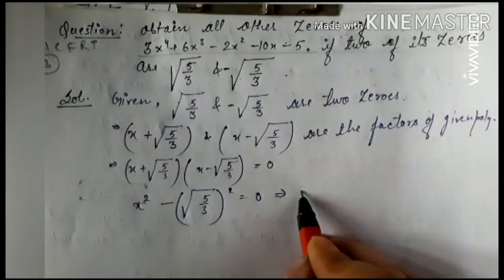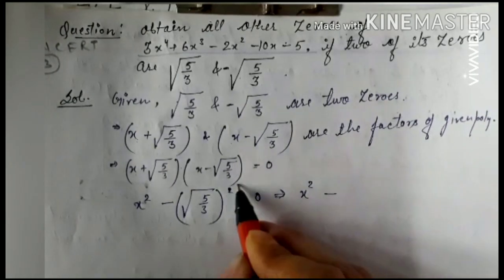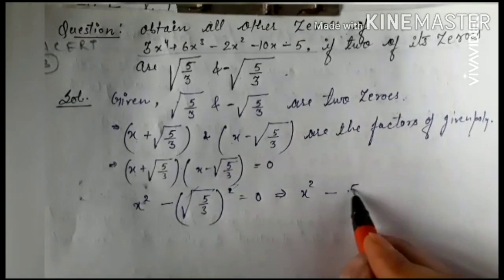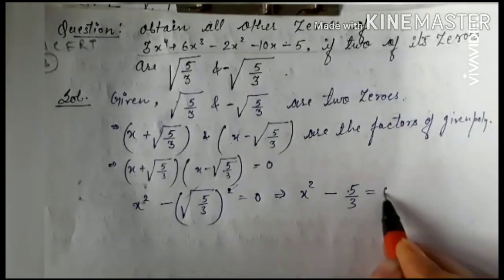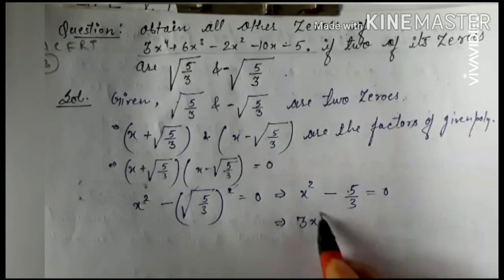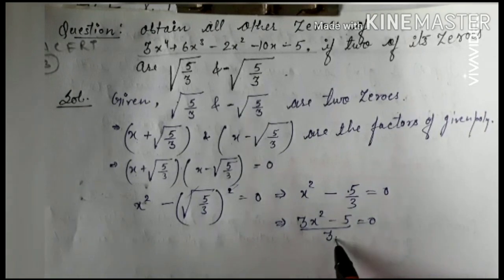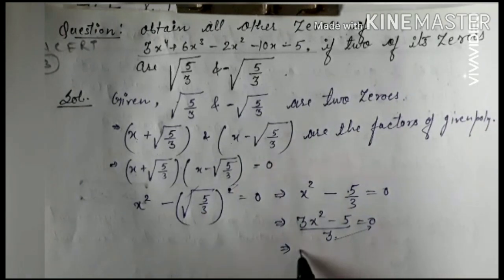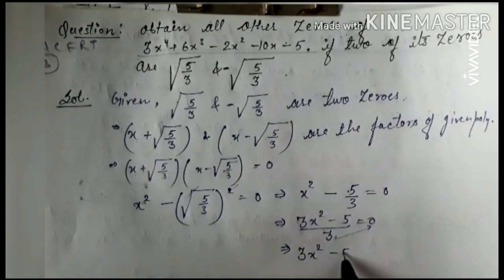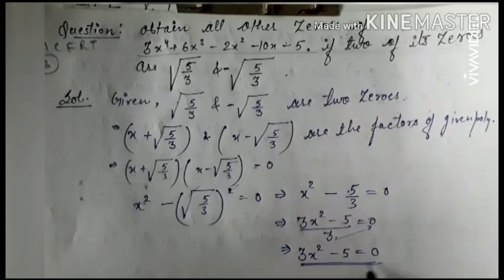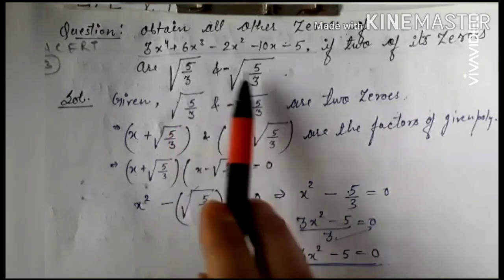The square and root cancel out, so x square minus 5 upon 3. After simplification, it becomes 3x square minus 5 upon 3 equal to 0. The denominator goes to the right hand side, so this becomes 3x square minus 5 equal to 0. This is one quadratic equation we have found with the help of the two roots you have given.